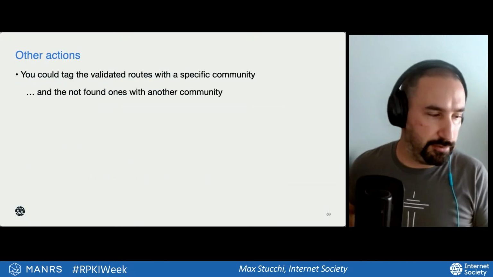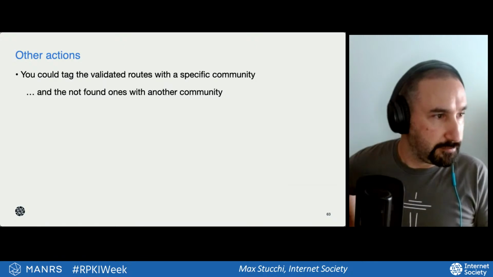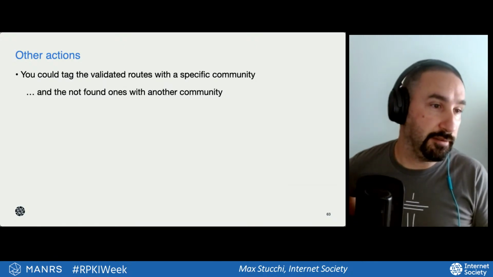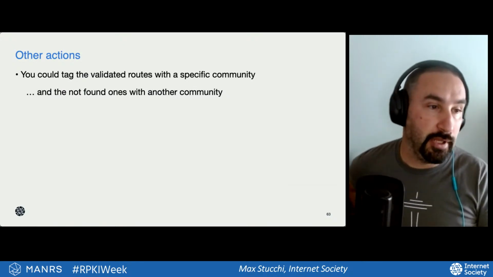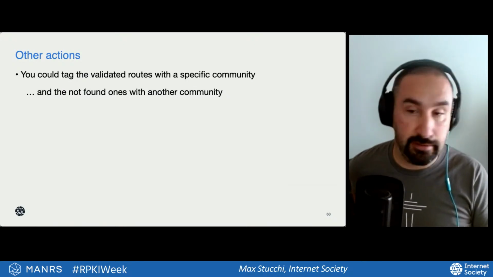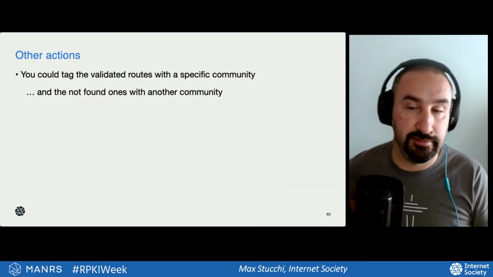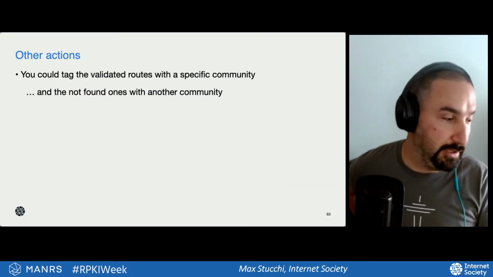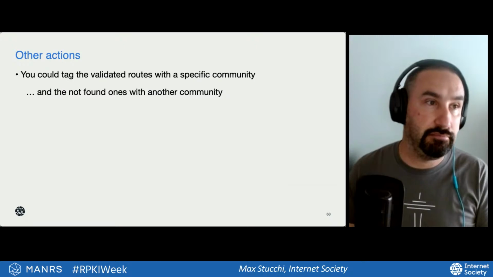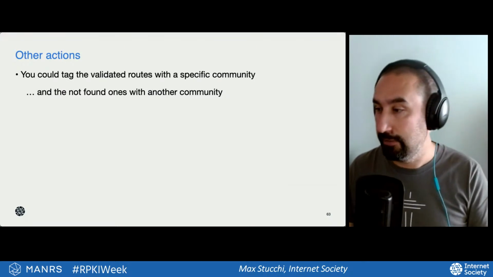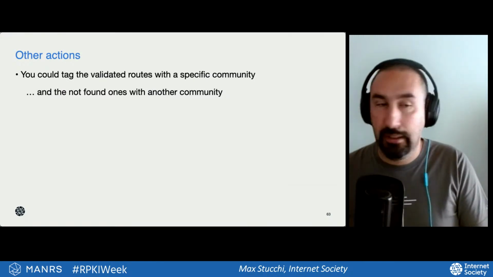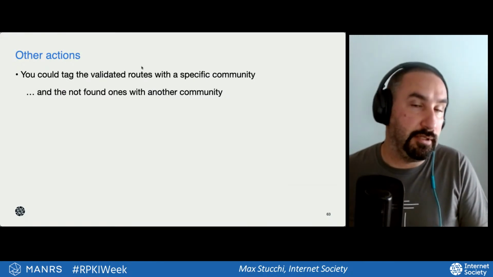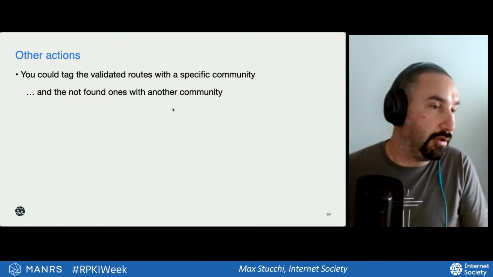Now, the other actions you could do would be to tag the validated routes with a specific community, like we were doing in the Cisco example, and the not found ones with another community. So you could carry this information internally in your network. It's something that sometimes is not really recommended. There are pros and cons to this.